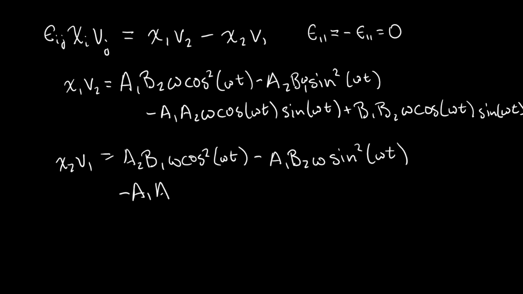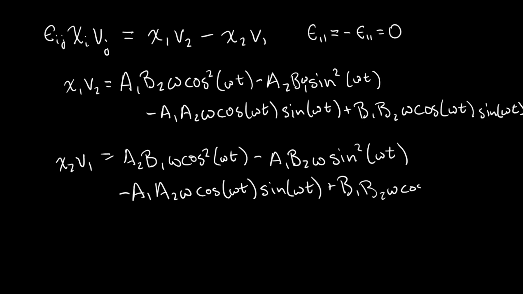So a1, a2, omega cosine omega t sine omega t, plus b1, b2, omega cos omega t sine omega t. Okay, so this looks pretty ugly right now.